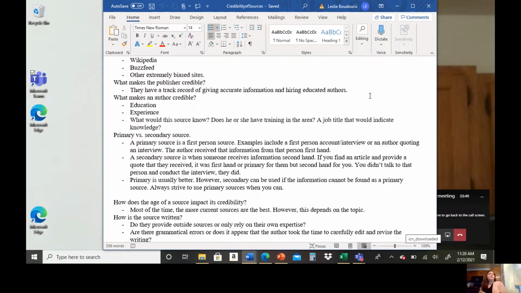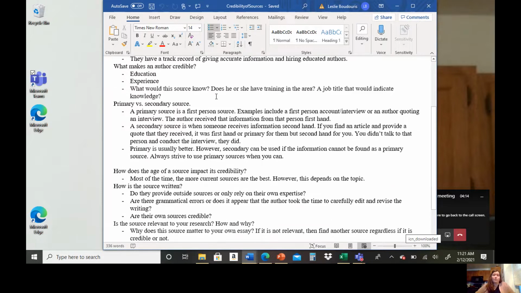Try to stay away from those, because those are more likely to be biased, since it's literally somebody's opinion. But if they're just providing the news, that's going to be ideally less biased. So the New York Times may be accurate for news, maybe not as accurate for opinion. And that changes over time. Maybe a source started out being more credible and became less credible over time, or vice versa.